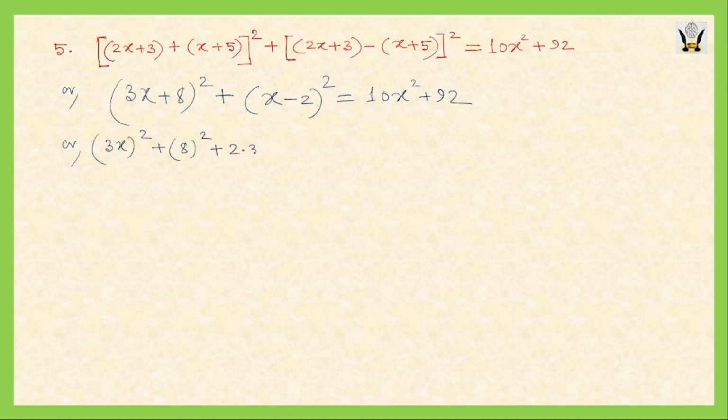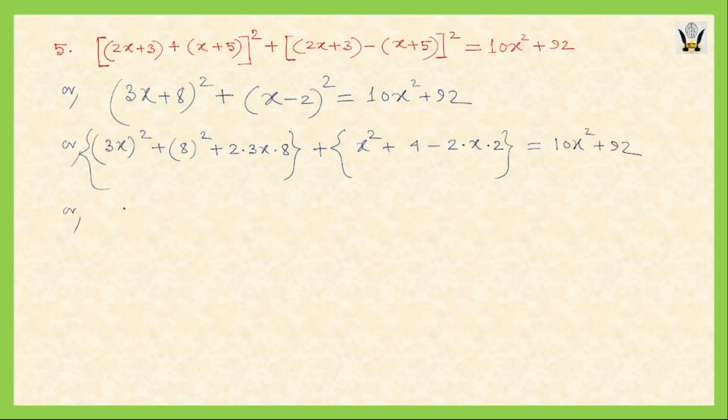So 2 times a and then b. And then the second term fits the identity a minus b whole square. So it will be x square, then 2 square means 4, and then minus 2ab, and that is equal to 10x square plus 92.